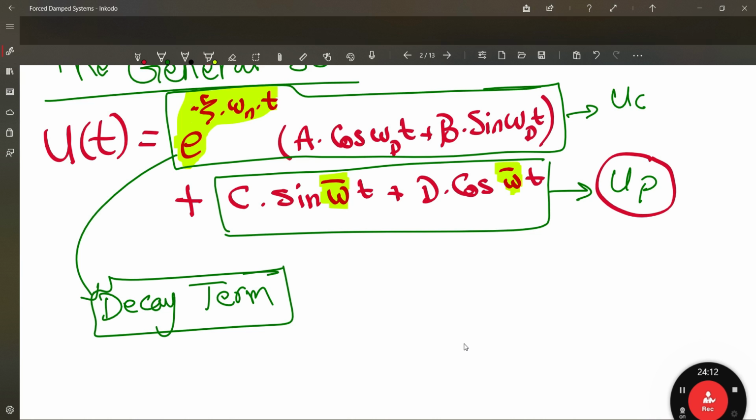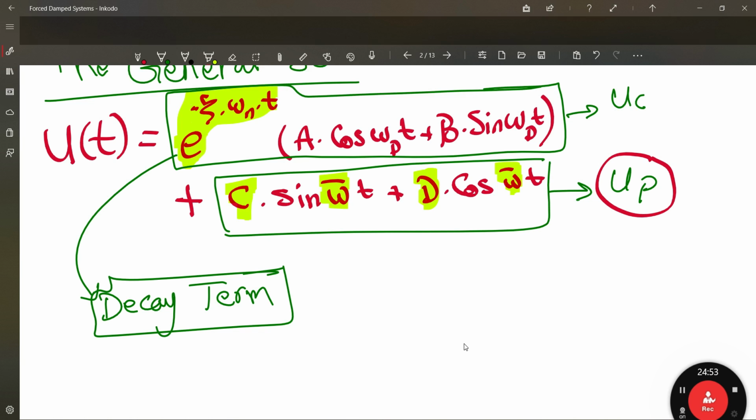C and D, even though they have something related to omega n, omega bar and the damping ratio, are constants controlling the sinusoidal or harmonic response of the structure. We are going to have the harmonic steady state response based on the frequency of the forcing force. That's the important part that we need to highlight.